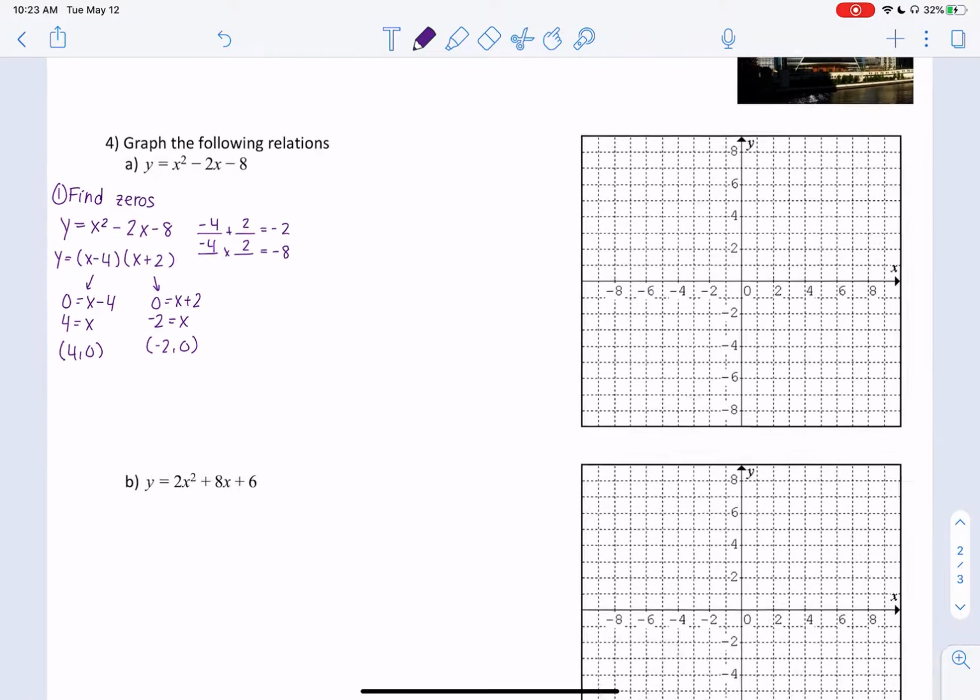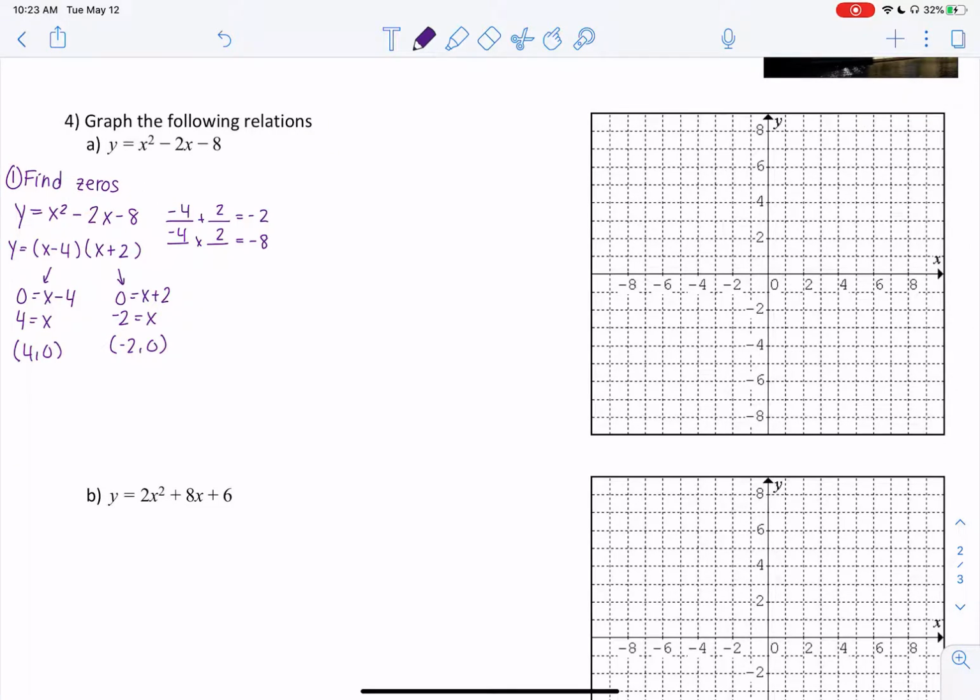So let's go and put those on the graph. There we go. Now our next step is to find the x of our vertex, or our axis of symmetry. So what I'm going to do is I add those two together and I divide by 2.